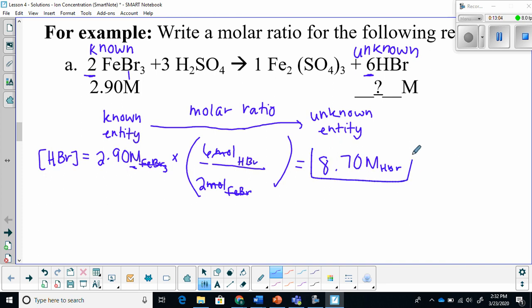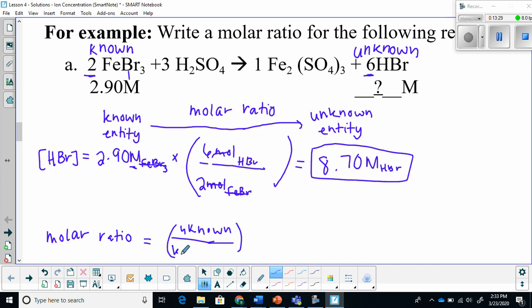There's your final answer. Now, if we examine the molar ratio in detail, you'll notice that in a molar ratio, you will always have the coefficient of your unknown in the numerator and your known in the denominator.